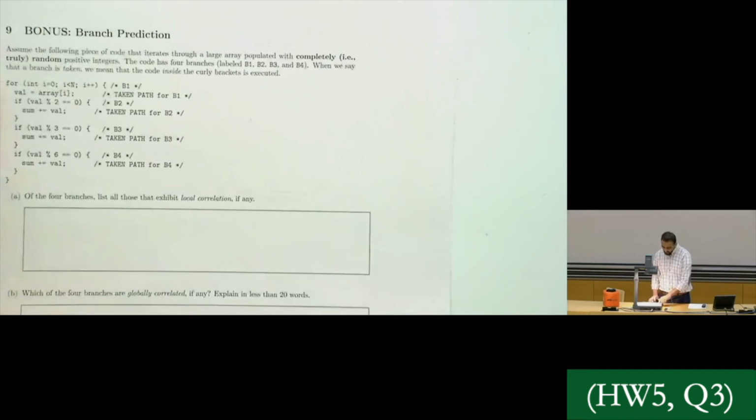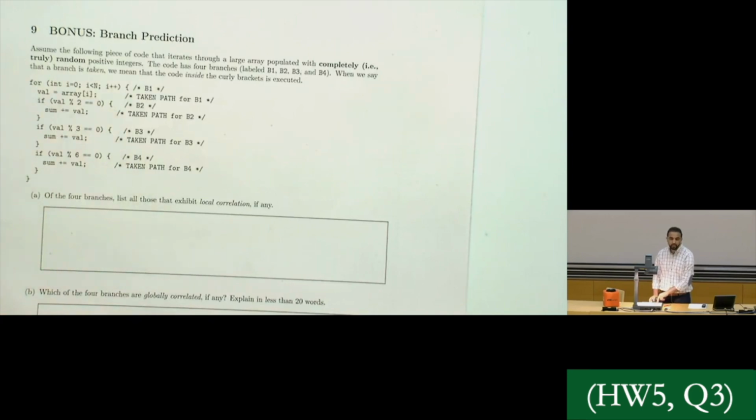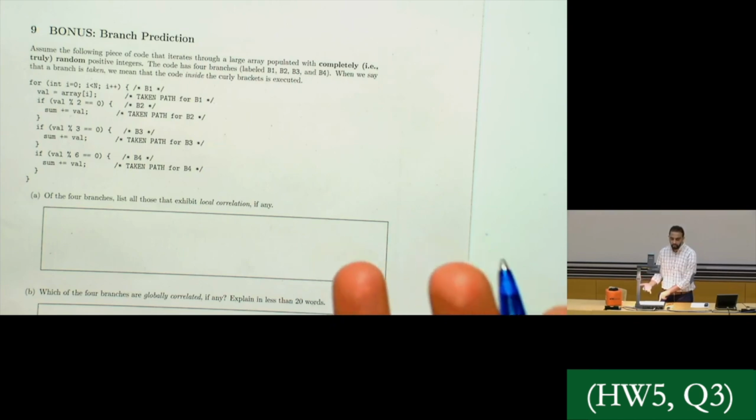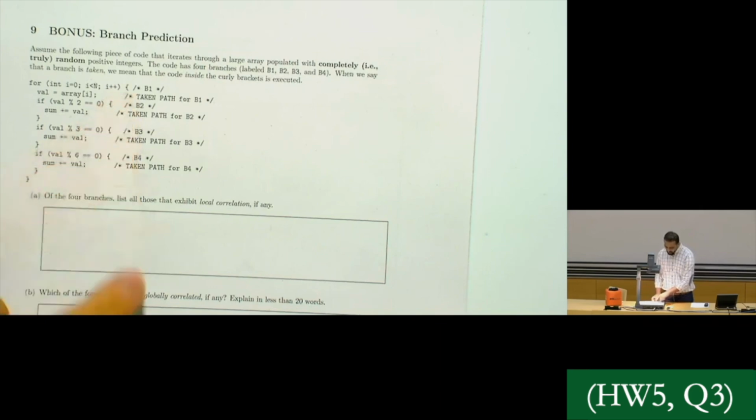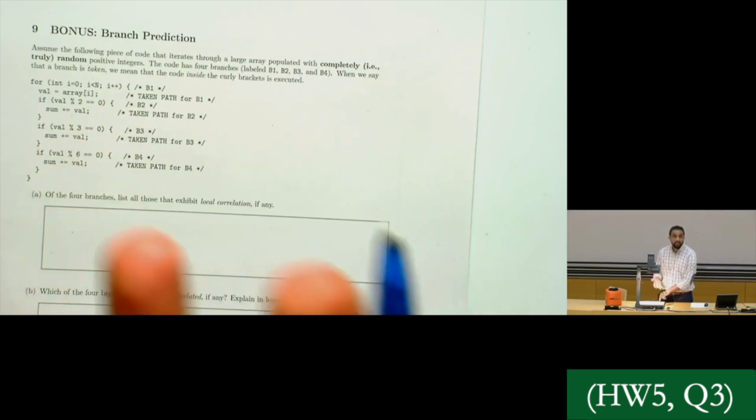So basically, for the first branch, I have a for loop from 0 to n minus 1, which means this iteration will be repeated n times. So if I'm in the n minus 1 iteration, I know for sure the next iteration will be taken, right? Because I have n many iterations for branch 1. But for branch 2, branch 3, branch 4, I'm trying to examine the value of the element.